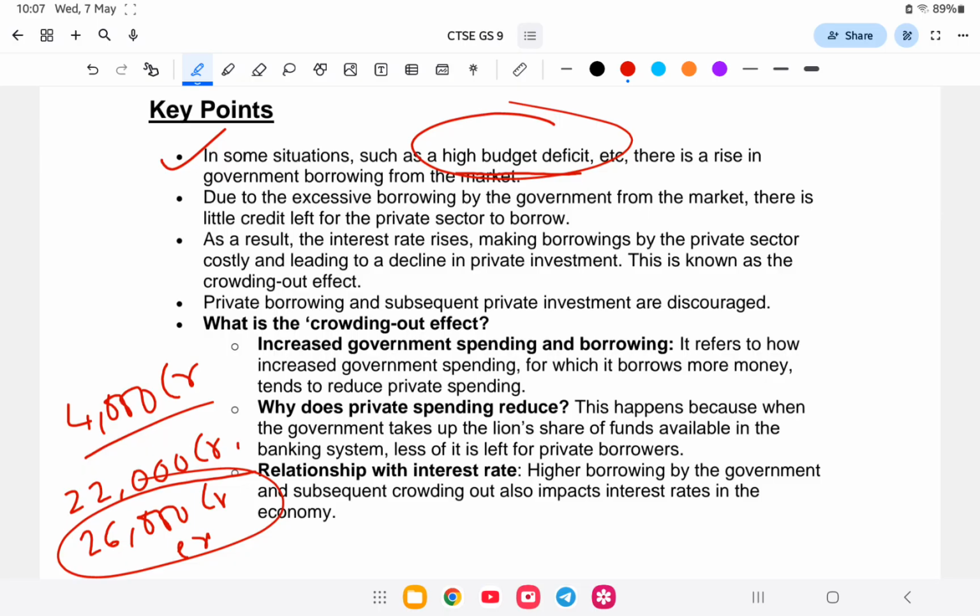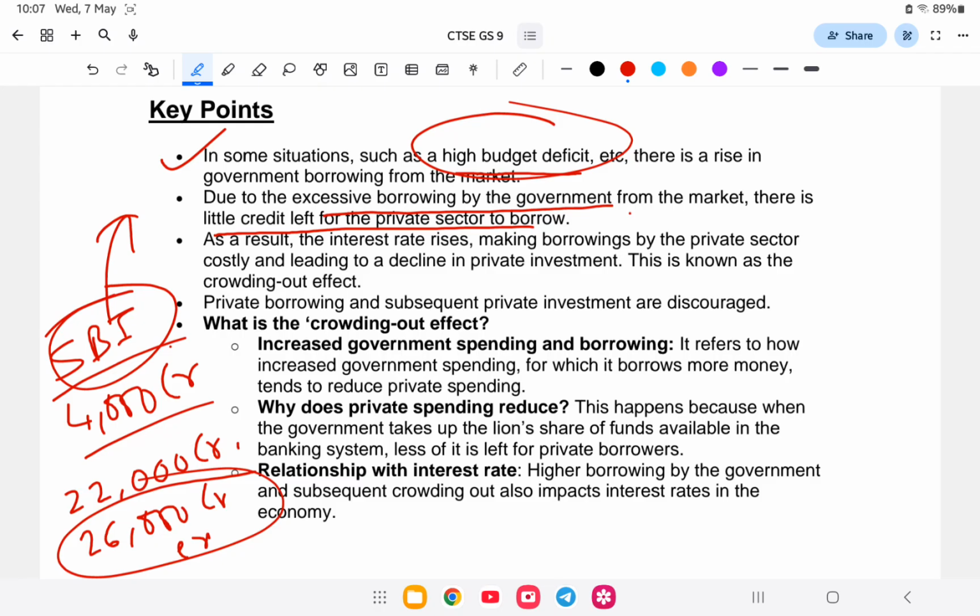Due to excessive borrowing by the government from the market, there is little credit left for the private sector to grow. The government takes money from banks. For example, the government asks the State Bank of India for money, and the bank gives the money to the government. With less money left, banks are unable to give loans to the private sector.